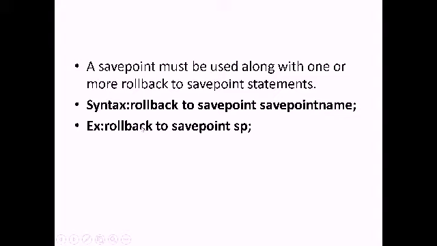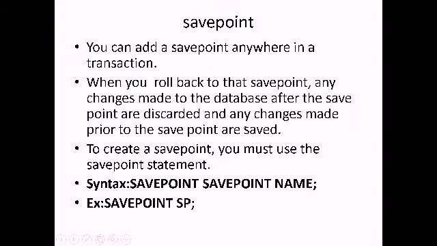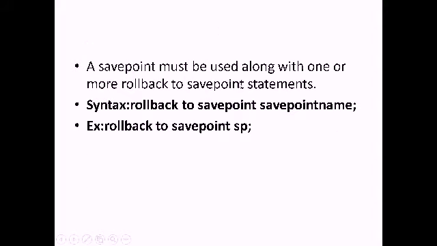Example, ROLLBACK TO SAVEPOINT SP. Earlier we created one savepoint, SAVEPOINT SP. So if after writing this I type in some data and give this example, ROLLBACK TO SAVEPOINT SP, it means till there it will be undone.